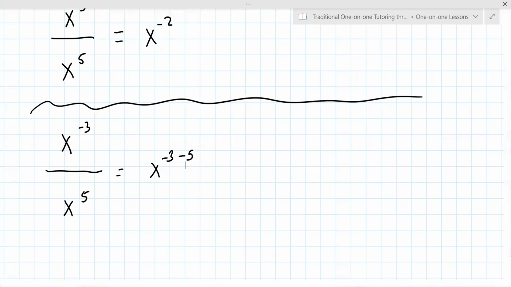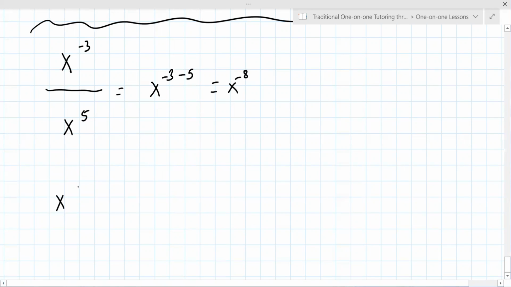I take that back. x^-8, x to the negative 8. Great. Let's try another one here.